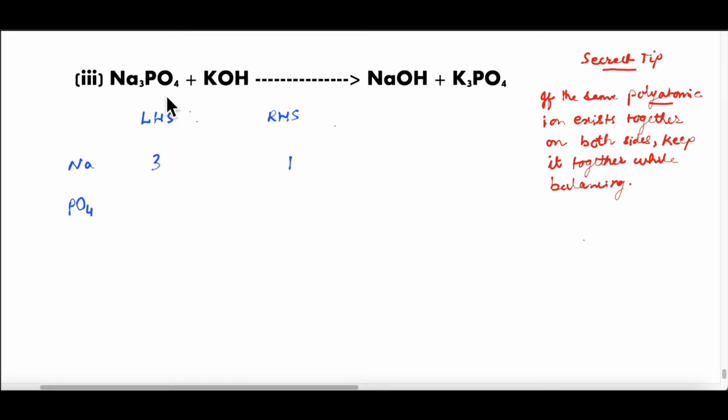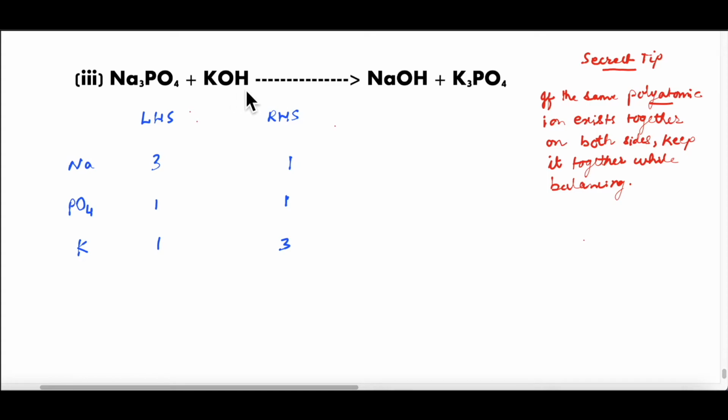Thus we see that we have 1 atom of phosphate ion and on the reactant side also we have 1 atom of phosphate ion. Then for the next element potassium, we have 1 atom of potassium on the reactant side and 3 times 1, that is 3 atoms of potassium on the product side.